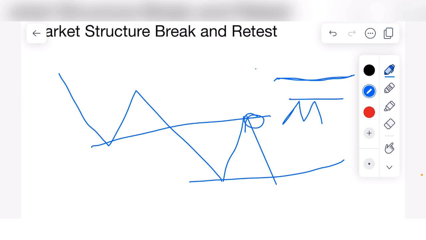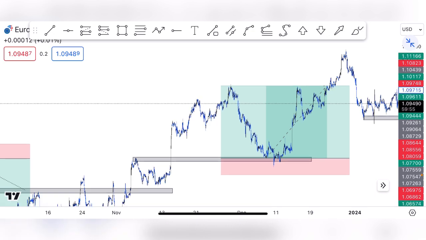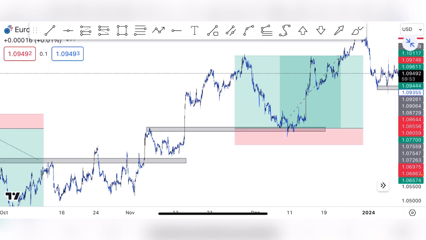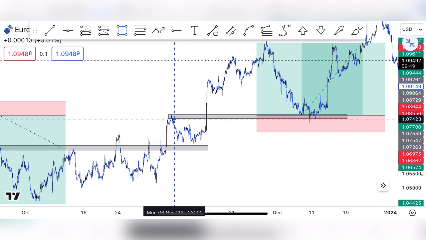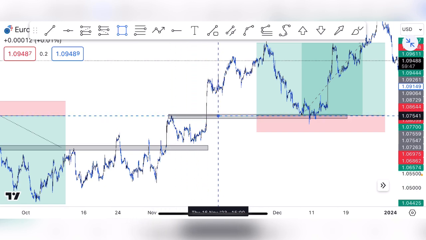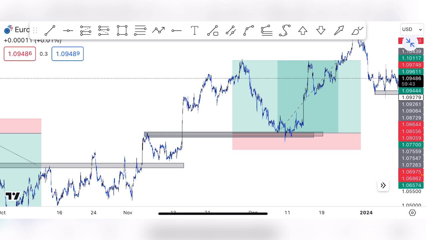And let's try it on a chart and see how it works in the financial markets. Here, the market breaks the highest point.